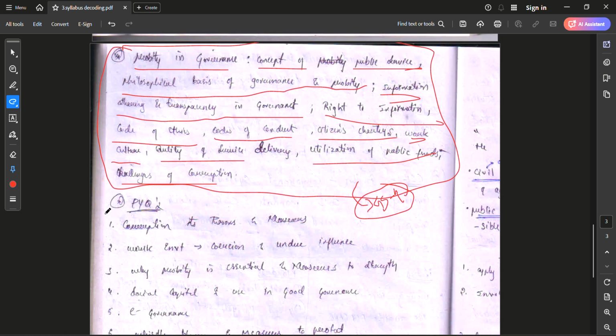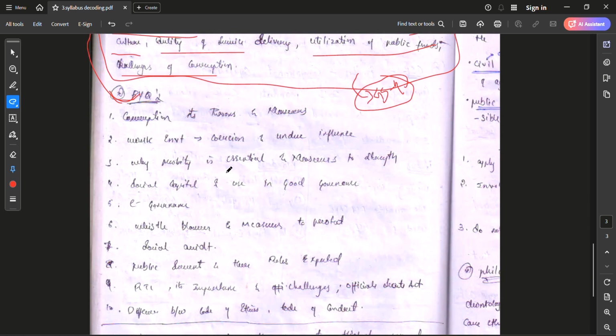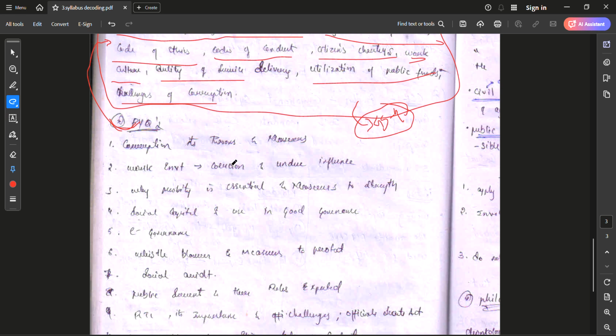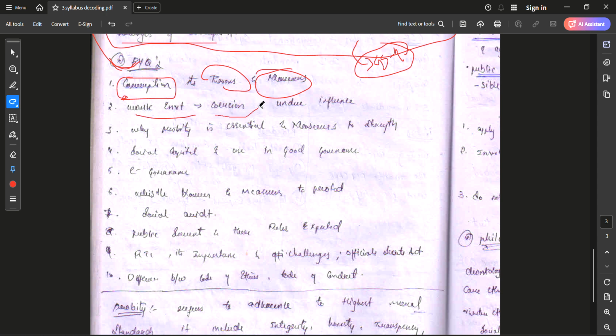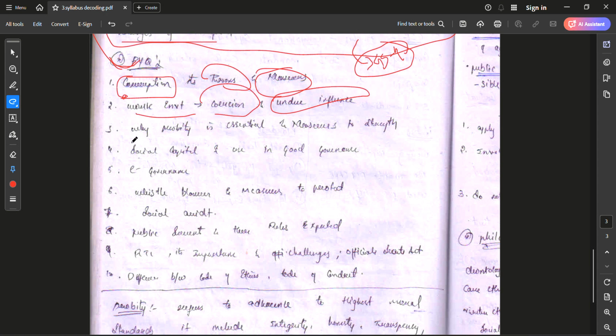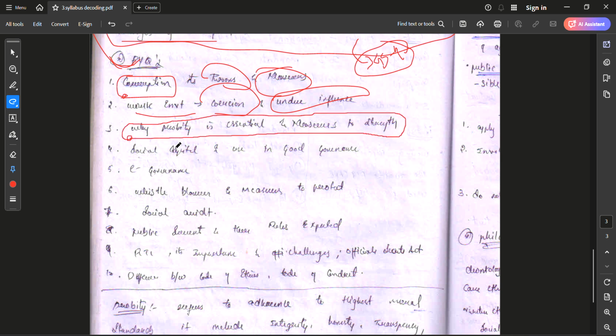You can see these PYQs are related to these subtopics in the syllabus, so I brought these PYQs. Corruption is a theme of the questions: corruption, its reasons and measures. The work environment, coercion and undue influence. Why probity is essential and measures to strengthen probity in governance.